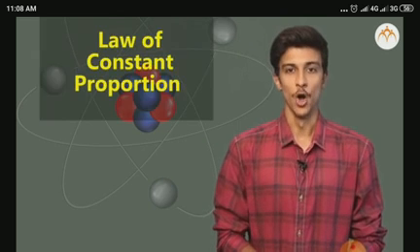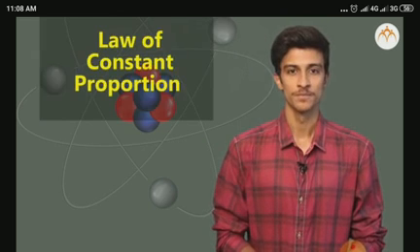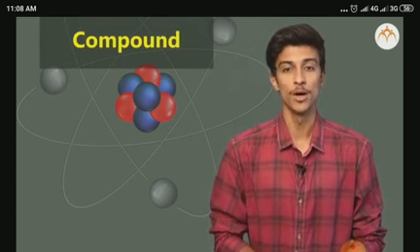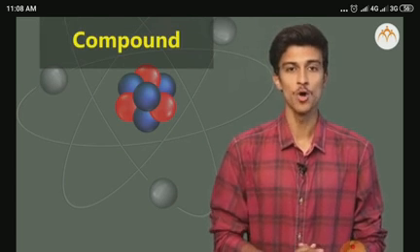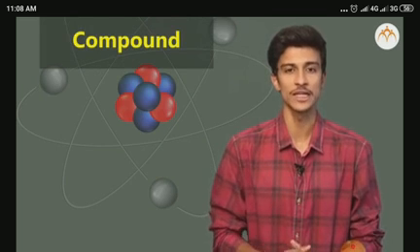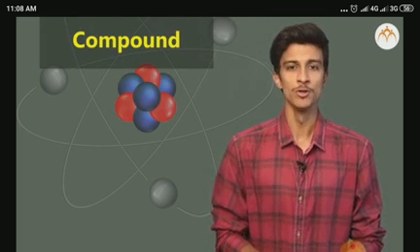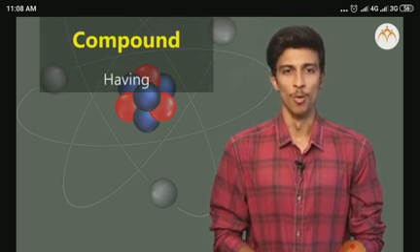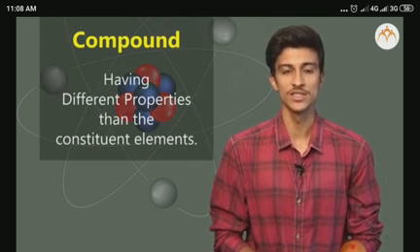Second, law of constant proportion. To understand this law, first we have to revise how a compound is formed. When two or more elements combine or react chemically with each other, a new substance will be formed. Mostly they have totally different properties than the constituent elements. For the formation of new compounds, we have to understand certain rules.